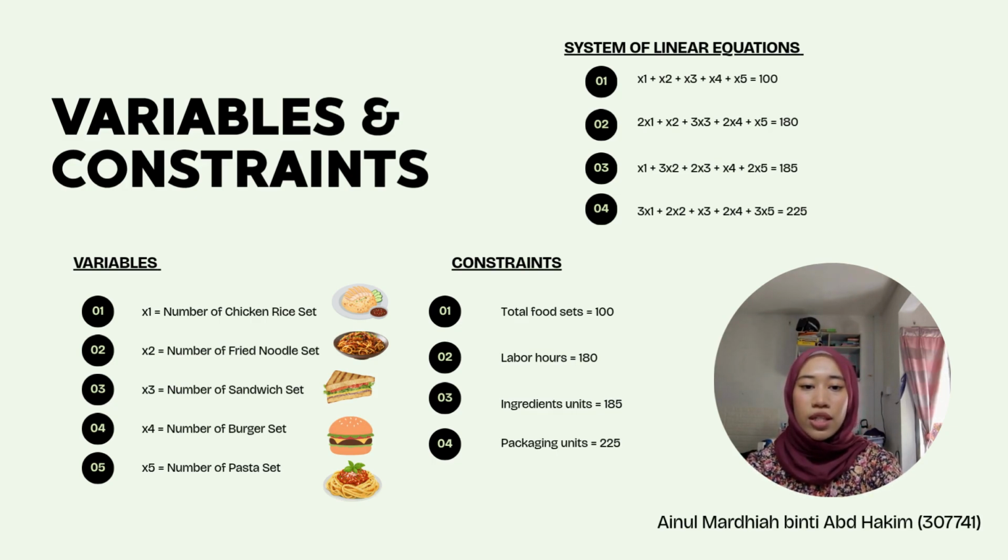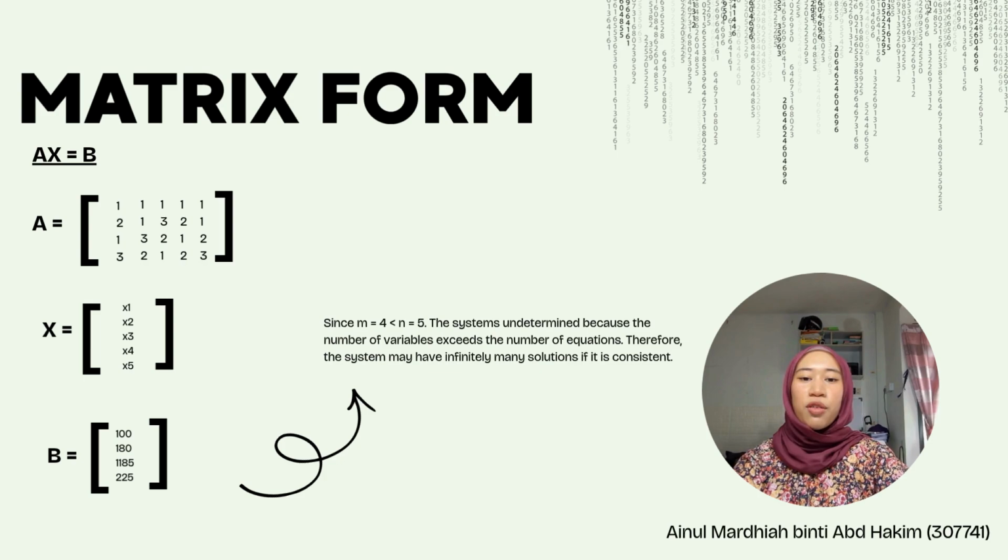Together, these 4 equations describe the relationship between the 5 variables and the available resources. Using mathematical equations allows us to analyze the problem systematically and determine whether the available resources can satisfy the production requirements. These equations form the foundation of our linear algebra model and will later be solved using Gauss elimination and Gauss-Jordan methods. Now, we convert the system of equations into matrix form.